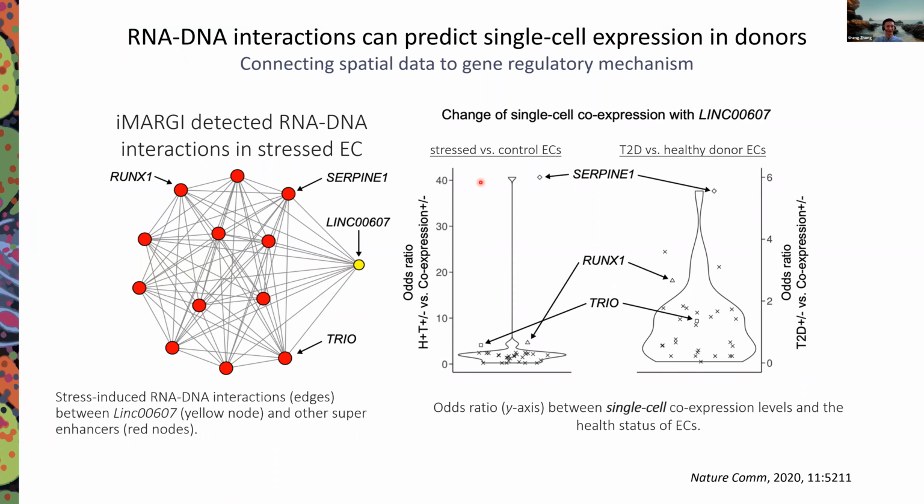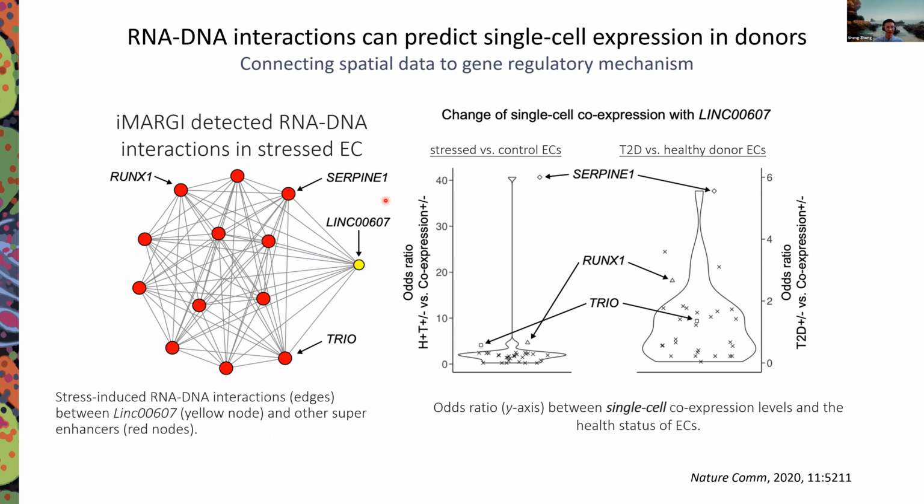So we generated single cell transcriptomes from this disease model, comparing both stressed and control endothelial cells. We also assayed type 2 diabetic people's endothelium and healthy donors' endothelium by single cell transcriptome. The y-axis represents an odds ratio representing the chance of this gene pair to co-express in the stressed cells or in the type 2 diabetic patients' endothelial cells.